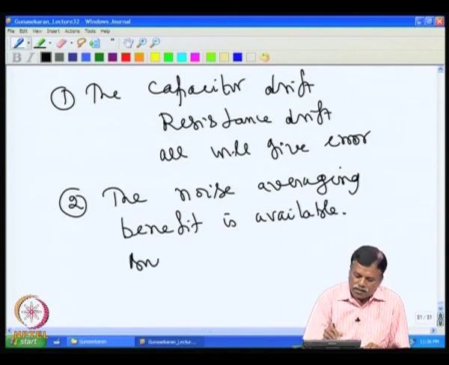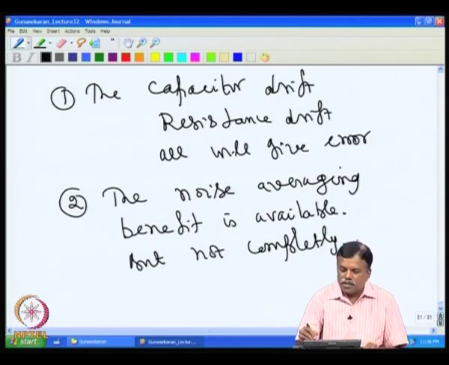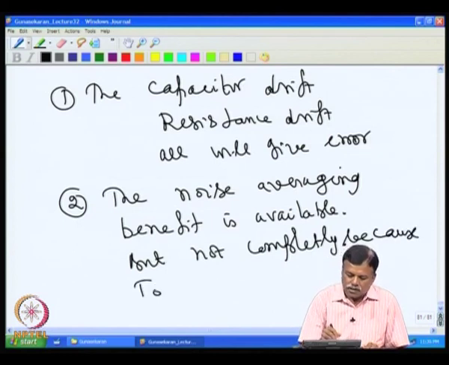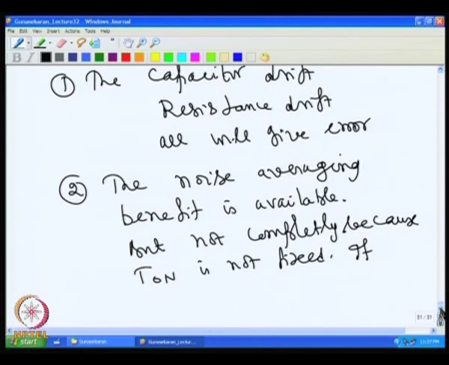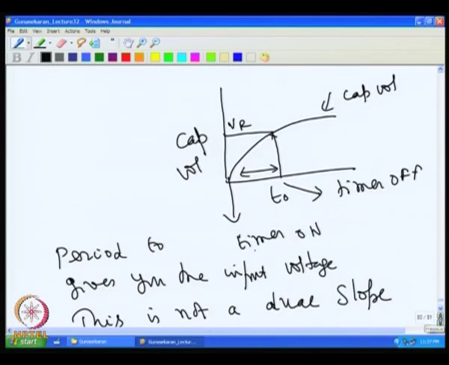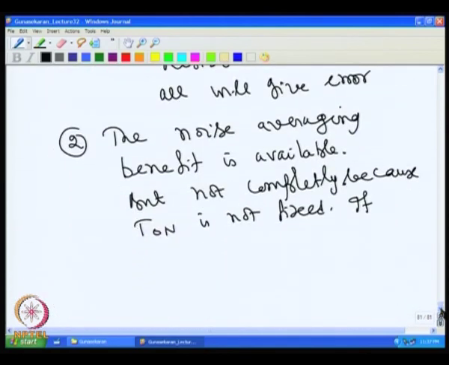but not completely, because T on is not fixed; it changes with the input voltage.